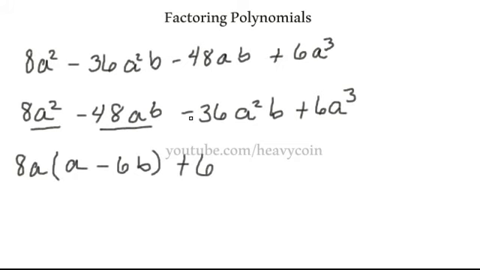I've been factoring out a negative, but I'm not going to do that this time. In fact, it's going to be a plus sign here. And we're going to be left with, whoops, I needed to throw an a in right there. So this is going to be a minus 6ab plus a squared.